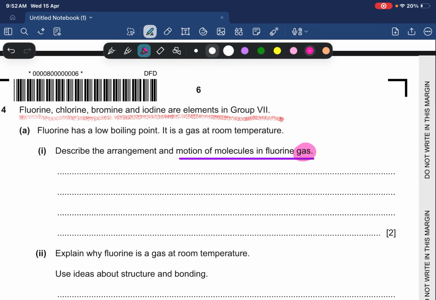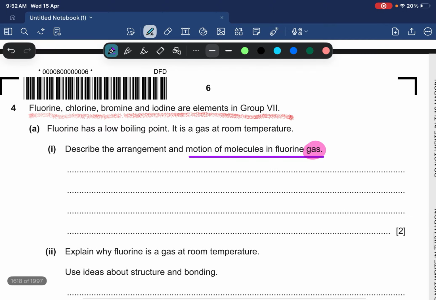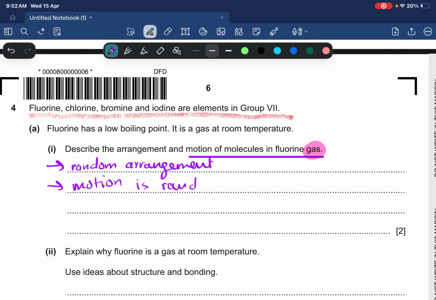Particles are free to move, they're far apart, they have random motion, they're randomly arranged. So arrangement and motion: the arrangement is random, the motion is random, they're far apart.